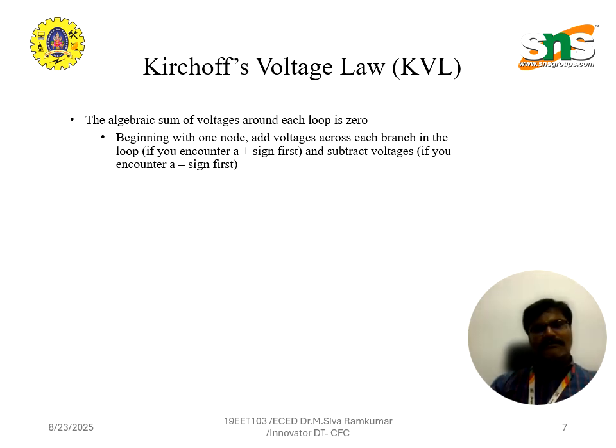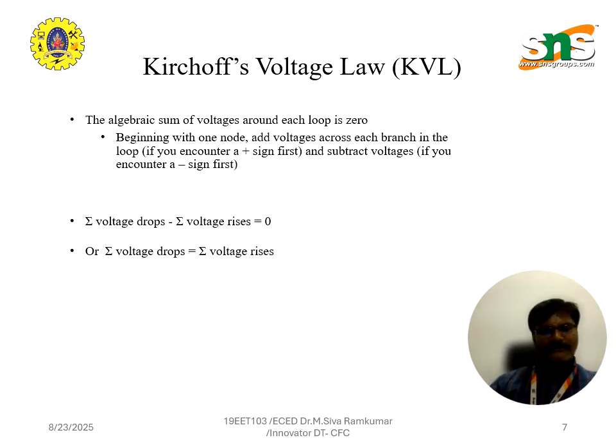When applying KVL, we start from a node and move around the loop. If we encounter a voltage rise first, we take it as positive. If we encounter a voltage drop first, we take it as negative. So the sum of potential rises equals the sum of potential drops. This is the short definition of KVL.